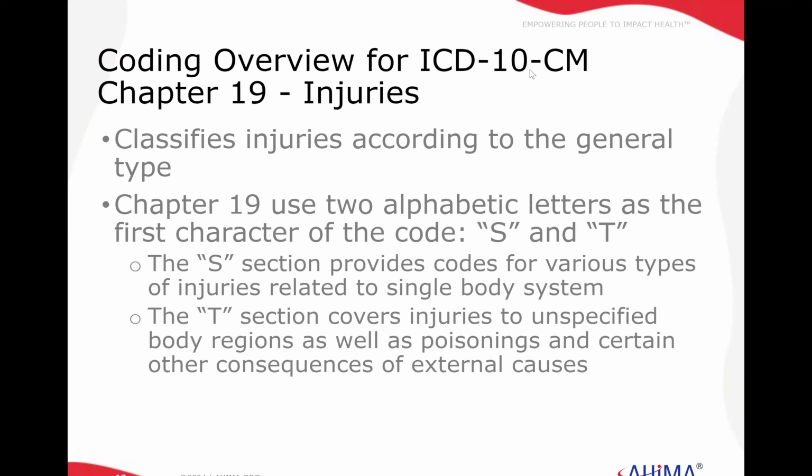With injuries, there are 2 alphabetic letters that cover these things. The S section provides codes for the various types of injuries that are related to a single body system. In other words, S for single body. T covers injuries to an unspecified body region, as well as poisonings and certain other consequences of external causes.